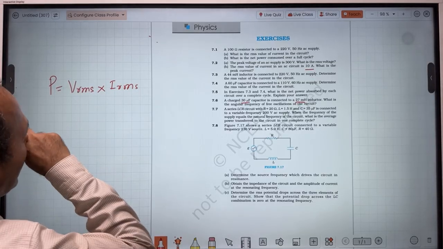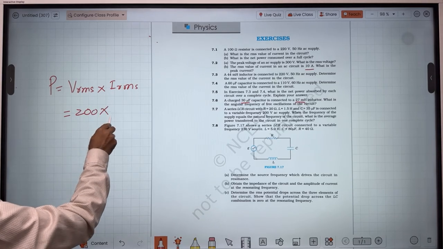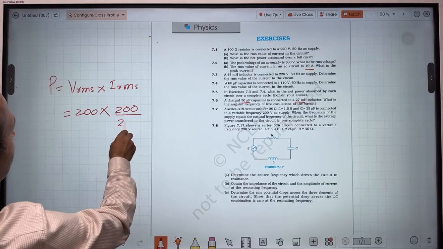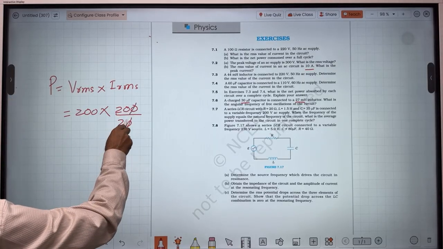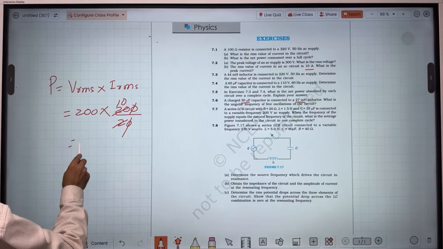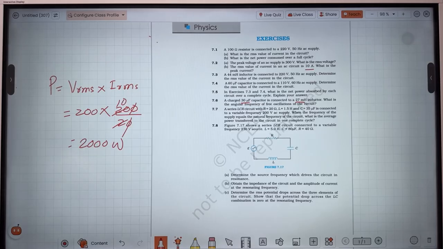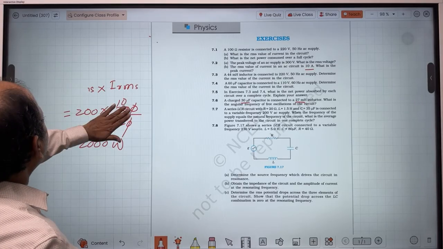Vrms is given as 200, into Irms, which will be 200 divided by resistance 20, and then this 10 times, so it will be 2000 watt, correct? Now let's see the next question.